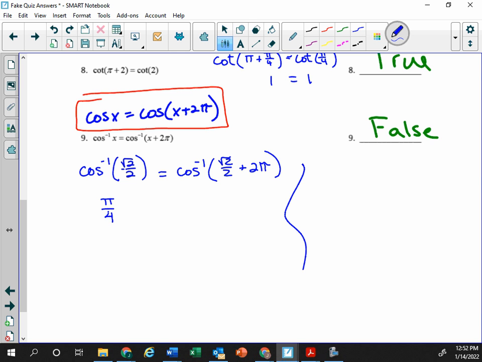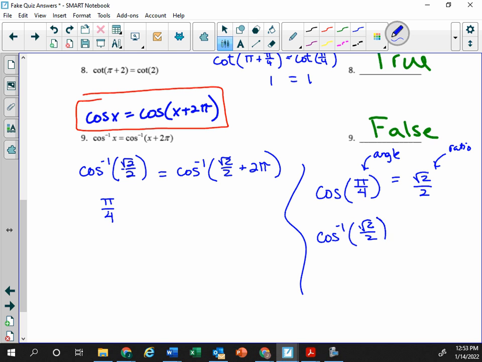Okay? Just remember, I can do cosine of an angle, right? The angle's in there, and then I get some sort of ratio over here. When you do the inverse, you're switching it around. The ratio's now in there, and what you get is the angle. Okay?